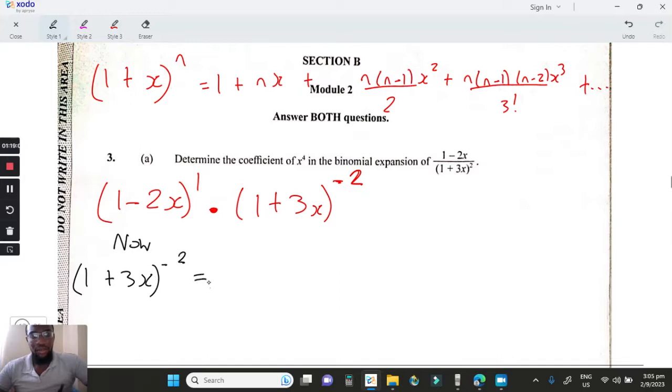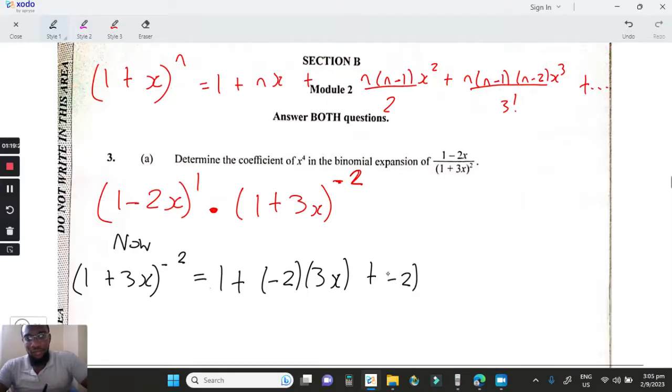We're going to say this is equal to, in this case, notice the x is 3 and n is negative 2. So it's 1 plus nx, n is negative 2, x is 3x, plus n, which is negative 2, times n minus 1, negative 3.